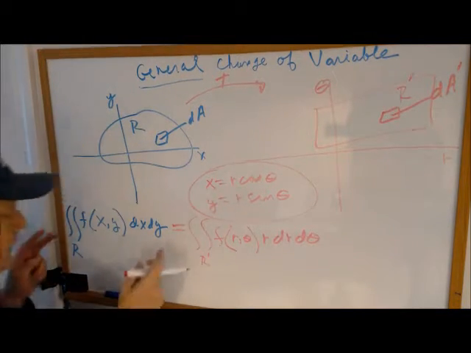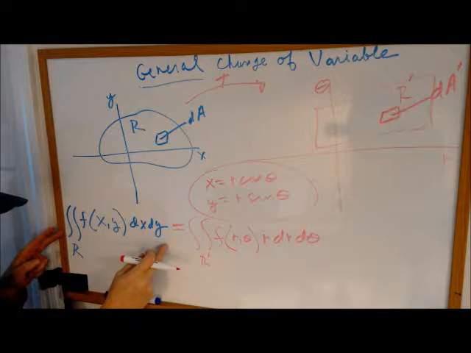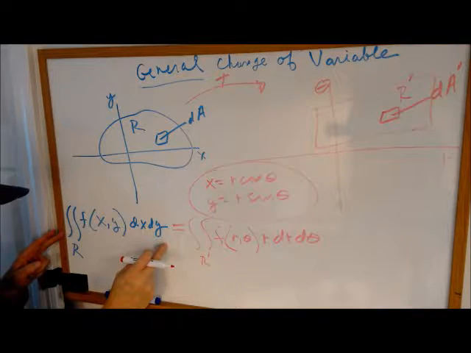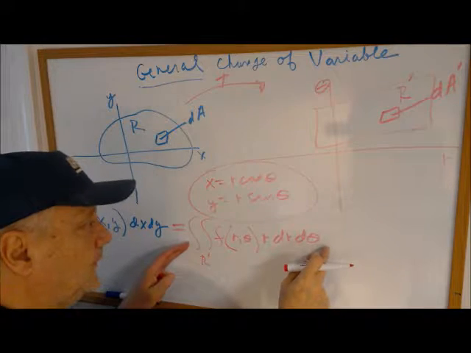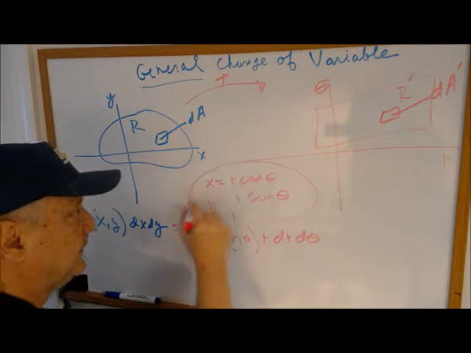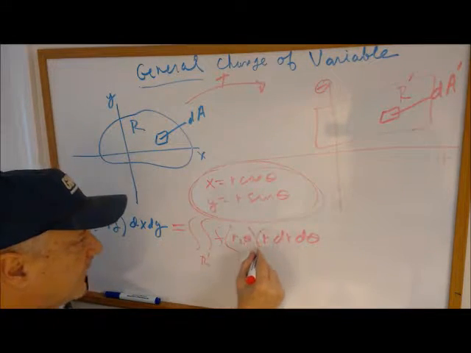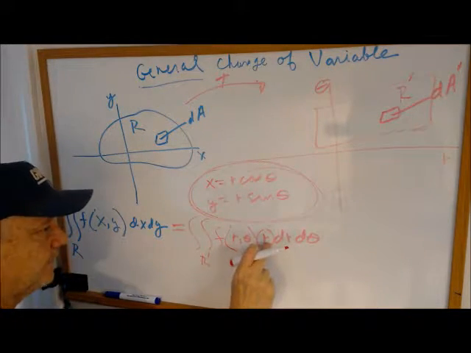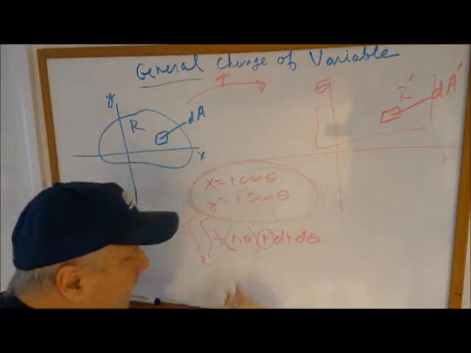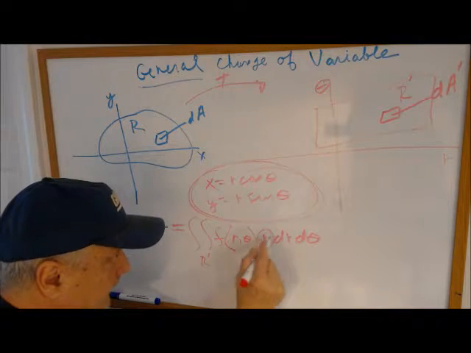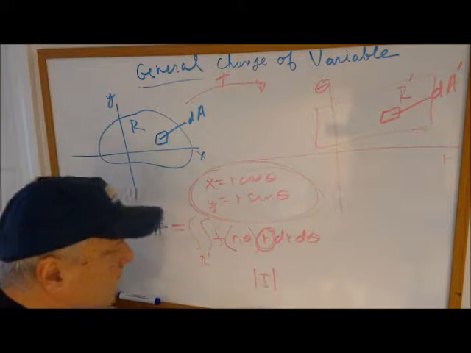So the idea is we take a difficult problem of integration, difficult or perhaps impossible to do, and we transform it into something that we can do, hopefully. And that transformation is this. So this factor here is a scaling factor. It kind of takes dA and stretches it into dA prime. And this value here, r, is called the absolute value of the Jacobian.